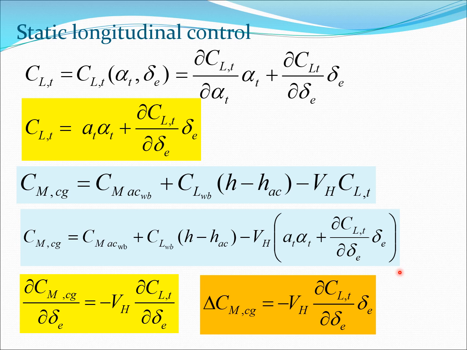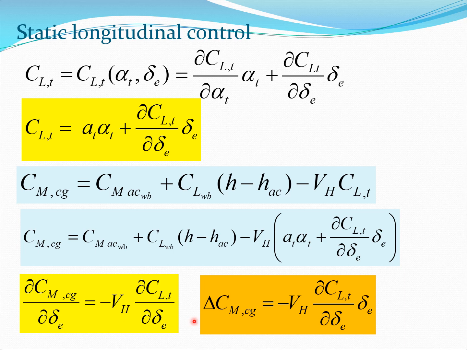Now we simply differentiate CMCG with respect to delta E. That's an easy derivative because all these other terms get zeroed out, and I only get minus VH into dCLT by d delta E. So you can easily see the derivative comes out in this manner.